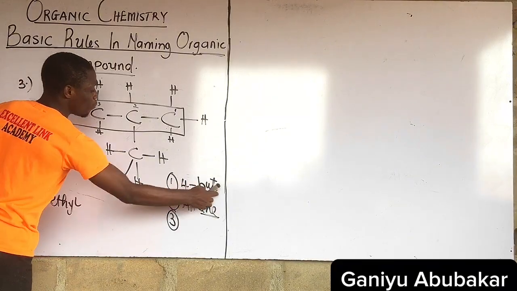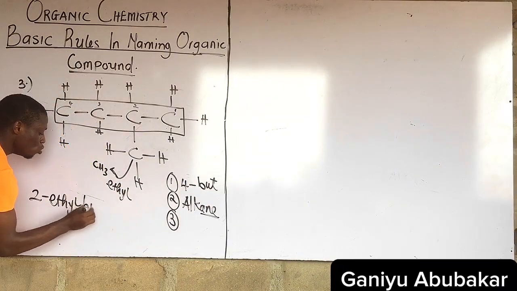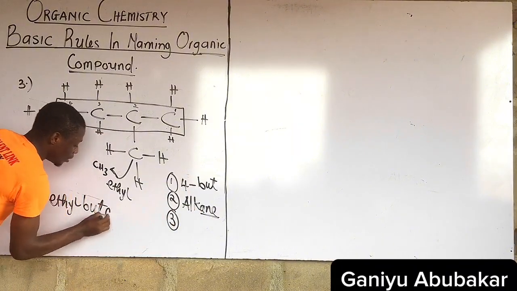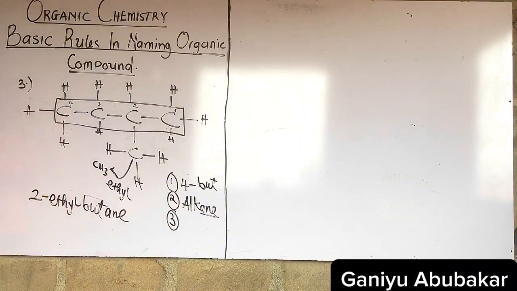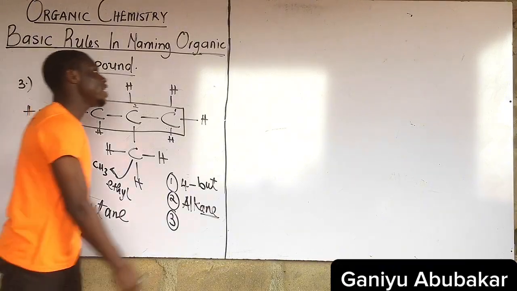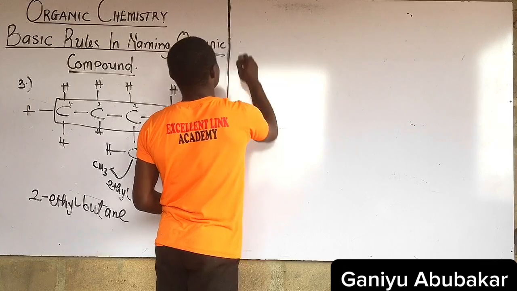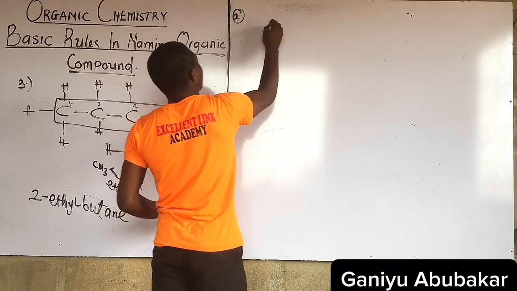Next up, the functional group here is butane, ANE. So this compound is called 2-ethyl butane. Let's name other compounds. Example 2. Let's say I have a compound such as this.